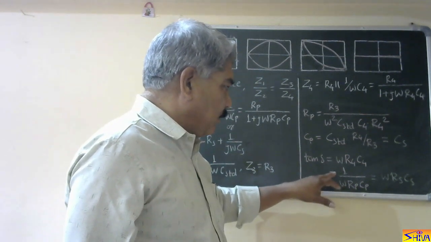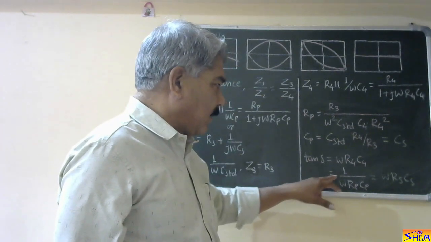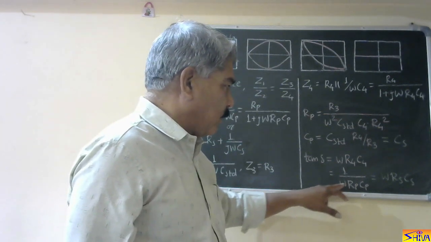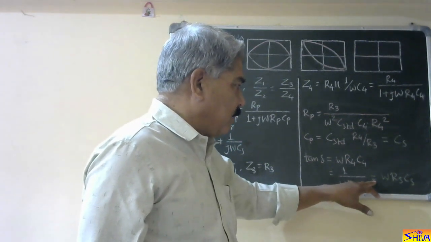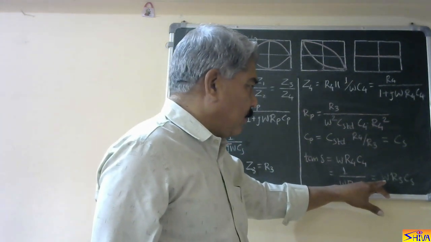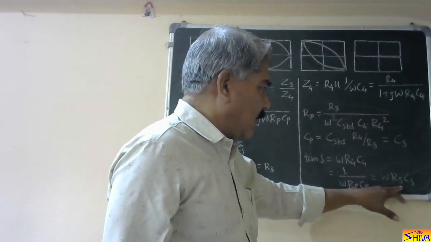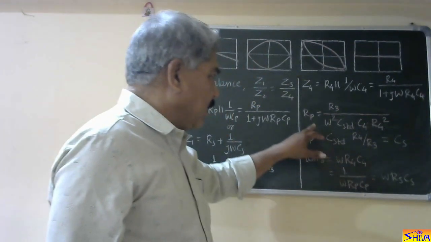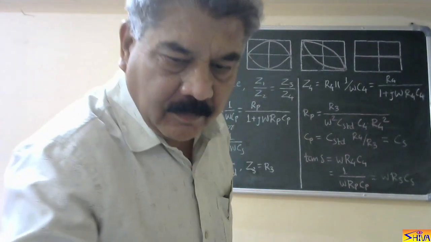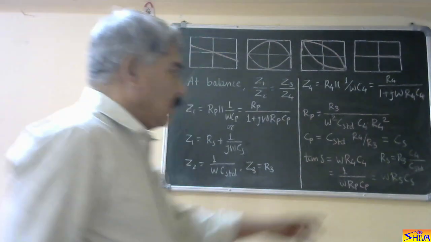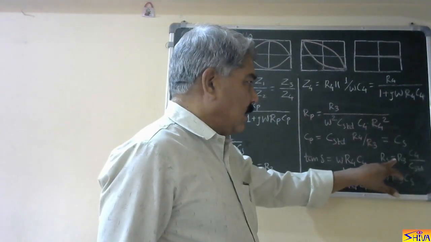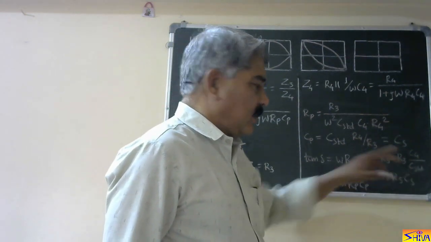And if we want to calculate the value of loss factor by Rp and Cp, this is the formula: 1 upon omega Rp Cp. And if you want to calculate this by series combination, then it is omega Rs Cs. Now I will give the equation for Rs. This is the equation for Rs, R3 into C4 upon C standard.